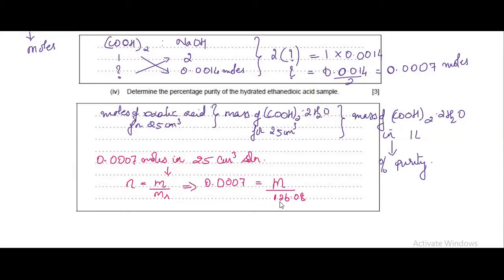So upon cross multiplication, mass will be equal to 0.0007 times 126.08, which is equal to 0.0882 grams of oxalic acid.